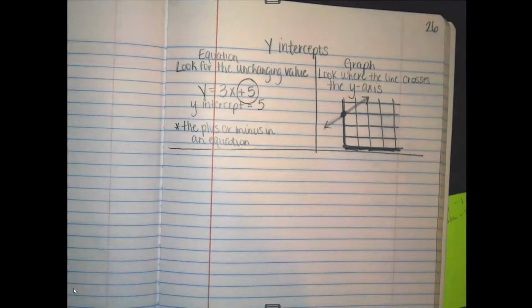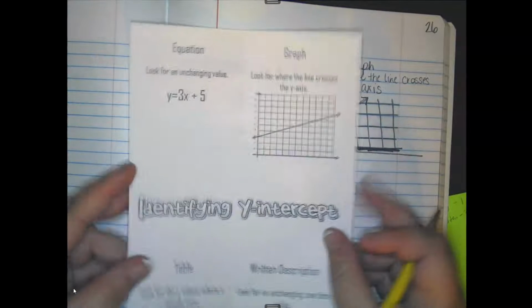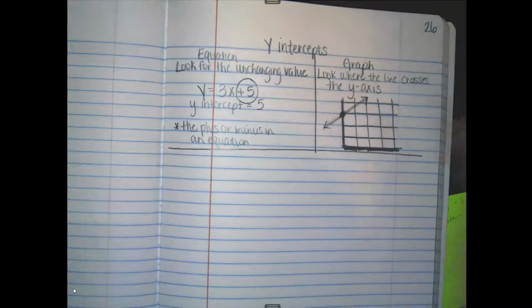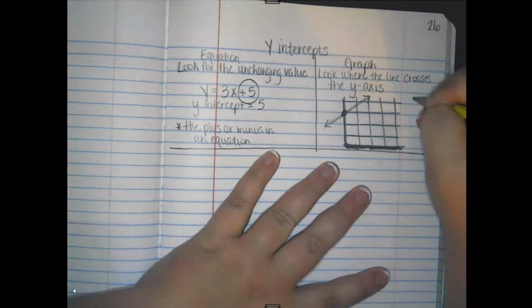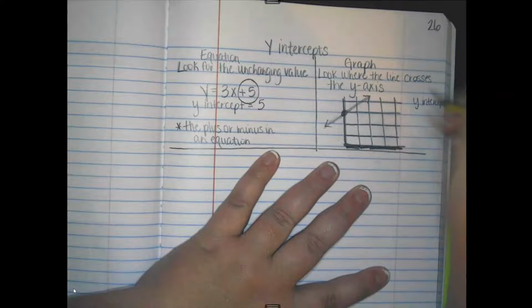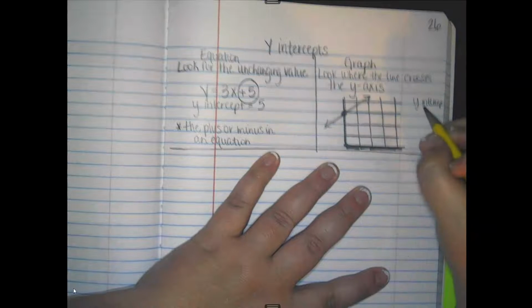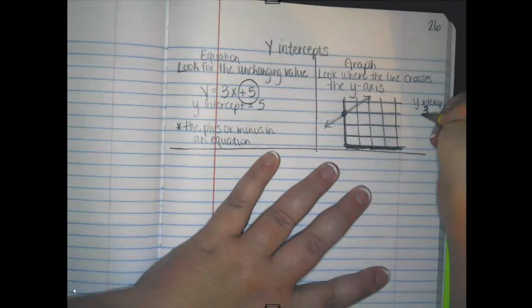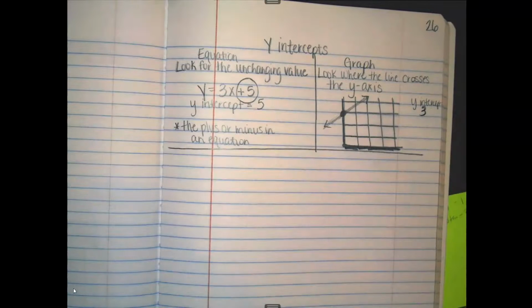And being able to draw the same graph, this is what the class is looking at, just so you know. Sorry. But where it crosses, so my y-intercept here is 1, 2, 3. Is 3. It actually crosses at 0, 3. Our y-intercept is going to be 3.